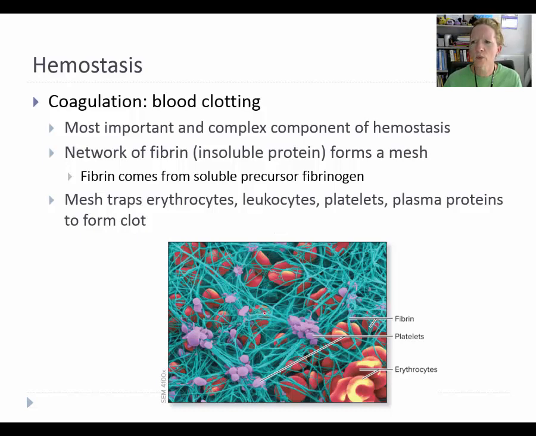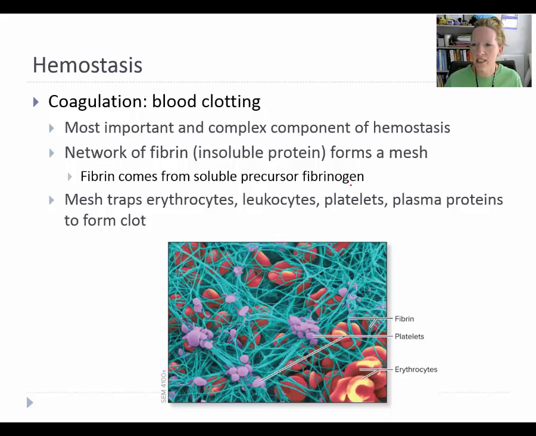It's an insoluble protein, and that's what we are trying to form. So fibrin comes from something called fibrinogen. Hopefully you remember what fibrinogen is. We talked about it as one of those plasma proteins way back in the plasma chapter.